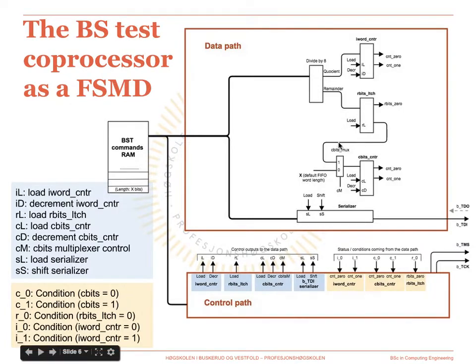If we want to shift 23 bits into the board boundary scan chain, for example, that corresponds to 2 groups of 8 plus the remaining 7 bits loaded into the R-bits latch.